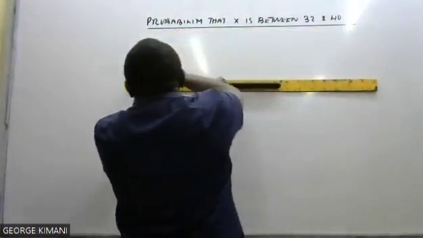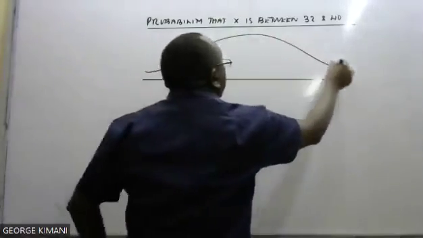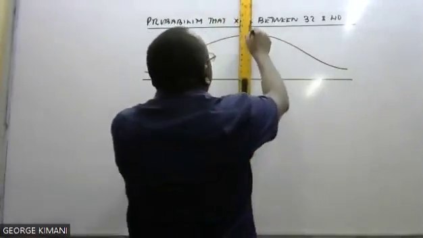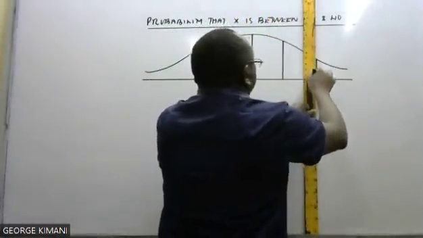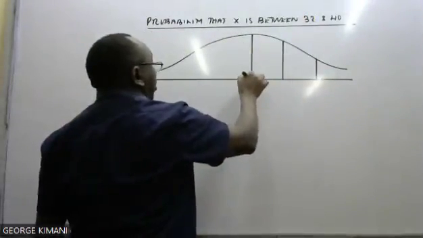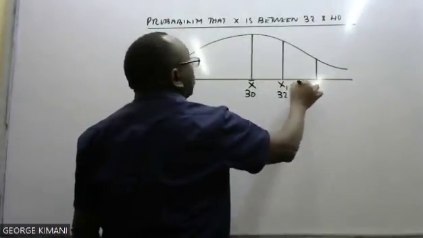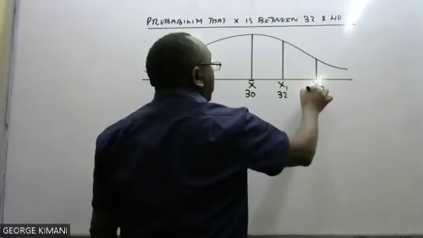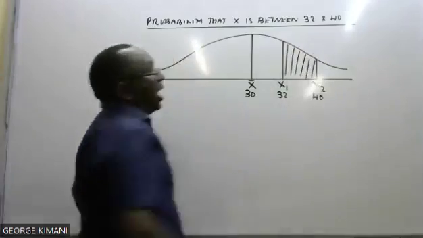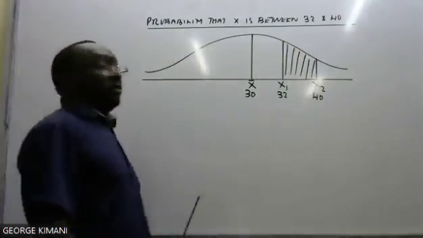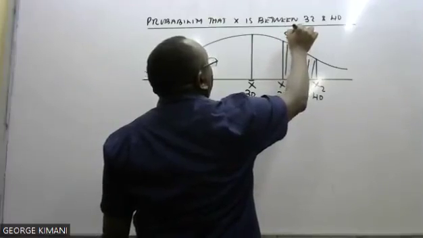So now for that one you draw a small curve. Draw it like that. It becomes this way. So this is X bar, X1 here will be 23, X2 here will be 40. And this is the region we want, the one between 23 and 40. So standard deviation here is 7.